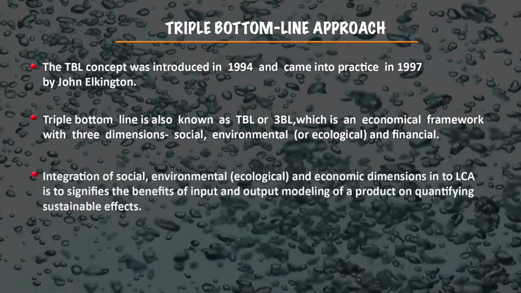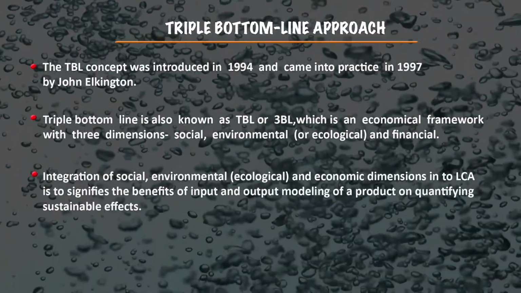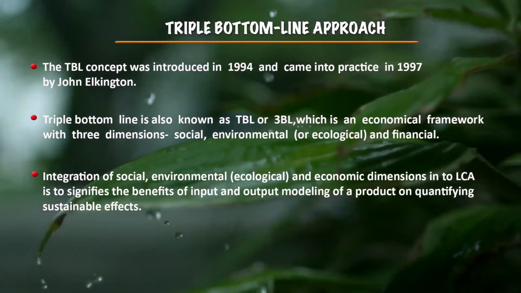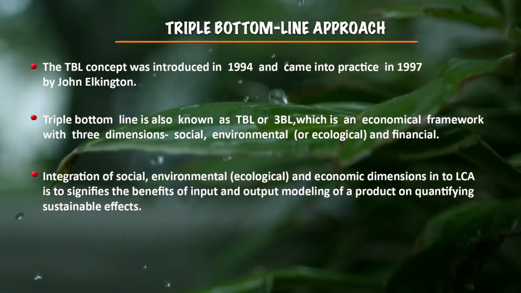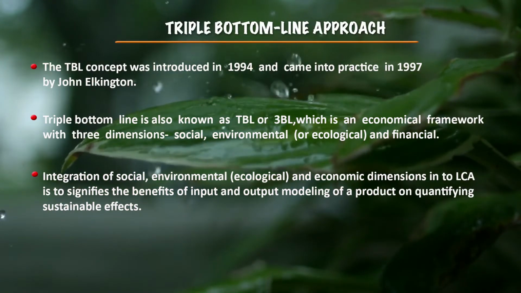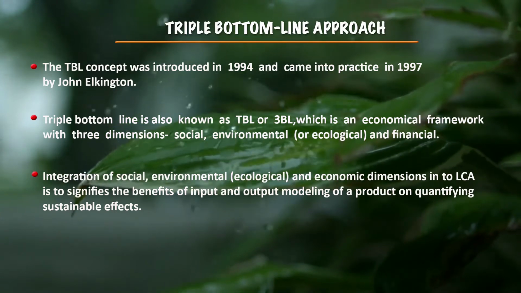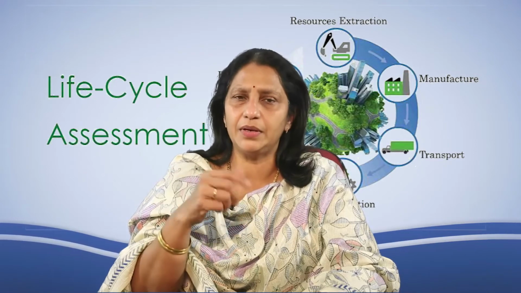The integration of social, environmental and economic dimensions into LCA is to signify the benefits of input and output modeling of a product on quantifying sustainable effects. That means ecological and financial, for example. Many organizations have adopted this.